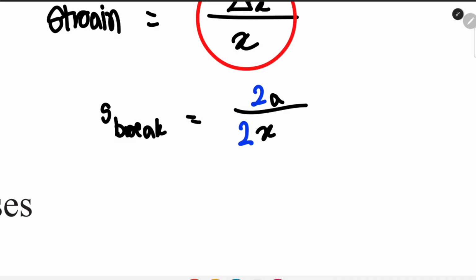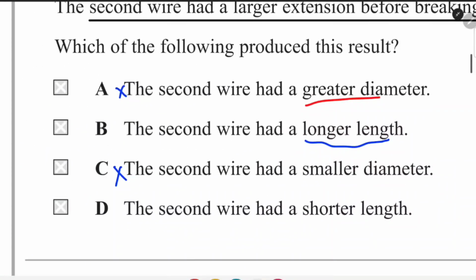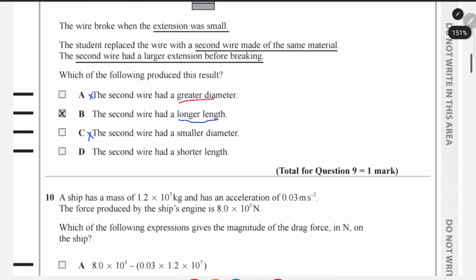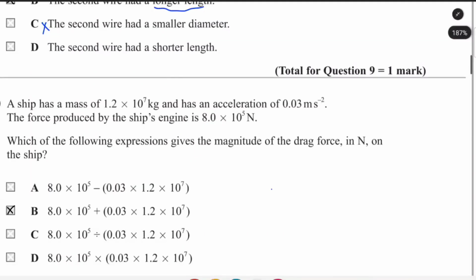So we have 2 on top as well. So this is the new extension before it breaks, which is twice as before. So if I increase the original length, the extension before breaking will also increase, and vice versa. If you use a shorter wire, it will break at a smaller extension.